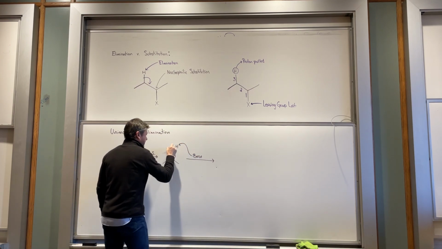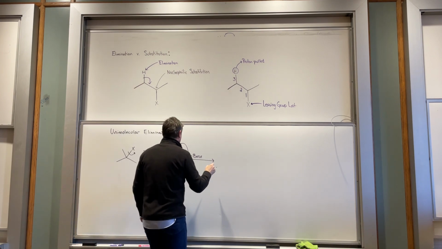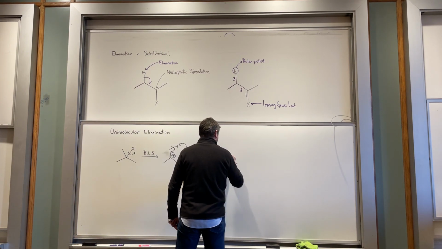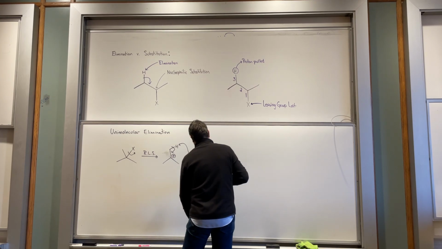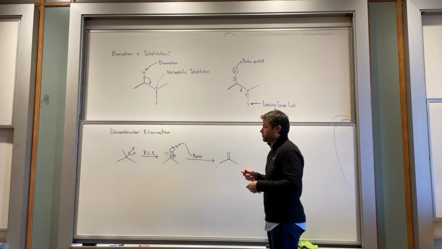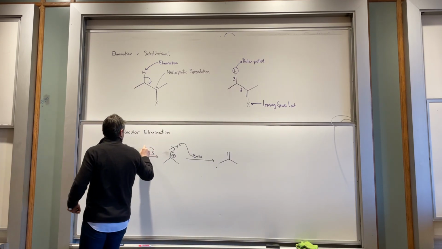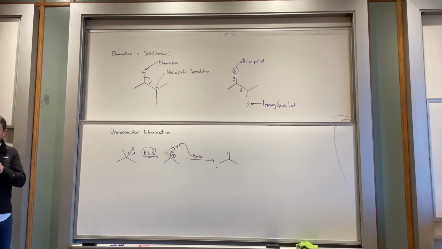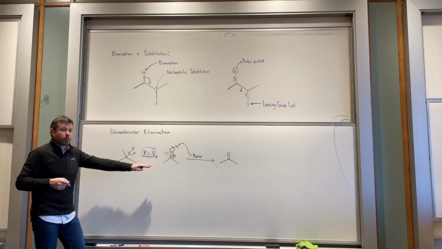The second step is formation of the alkene, the pi bond. And just like in unimolecular substitution, the first step of unimolecular elimination is the rate limiting step of that reaction, the slow step, forming the carbocation.